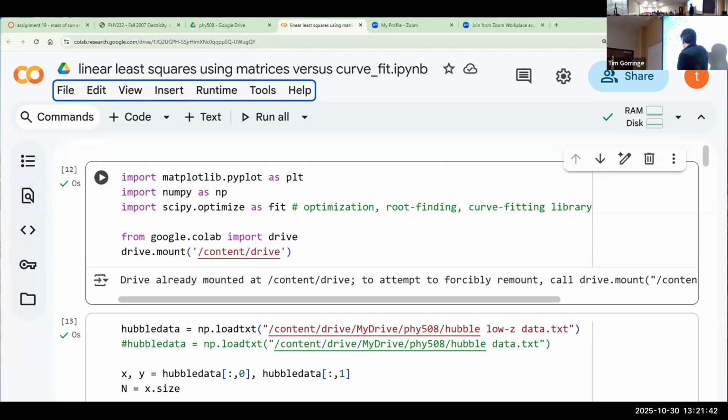I've got those on my Google Drive. This is not the fitting problem you work on in the assignment, but I did put them in our Canvas directories. Okay, so that's the first cell.